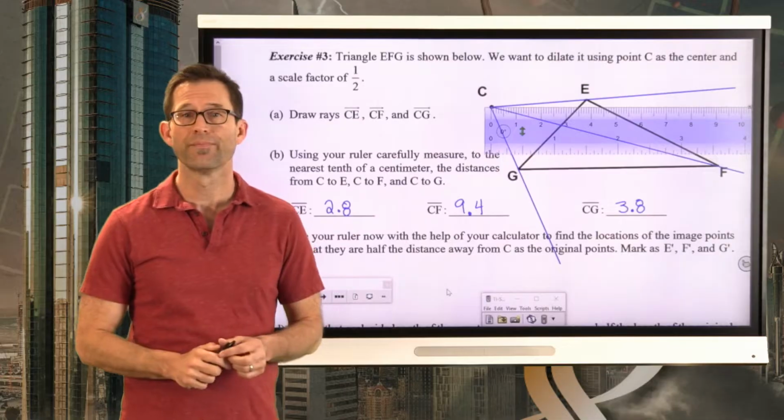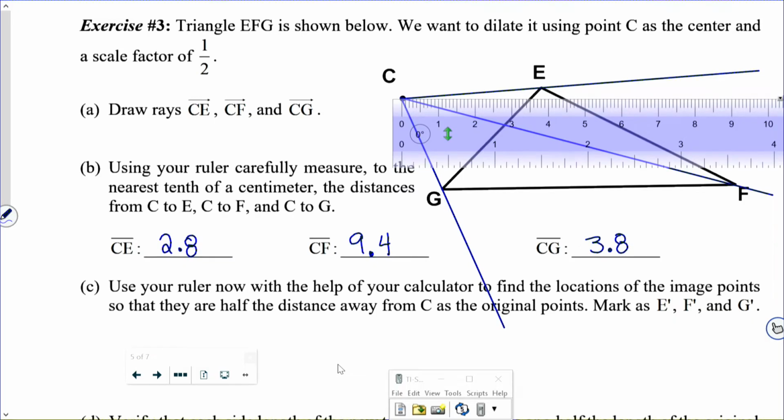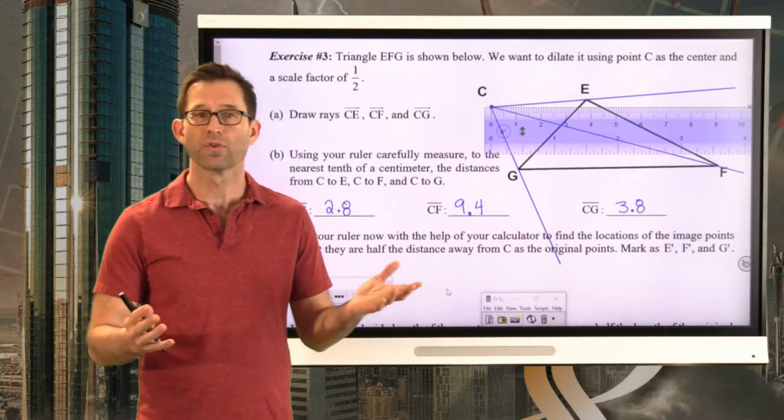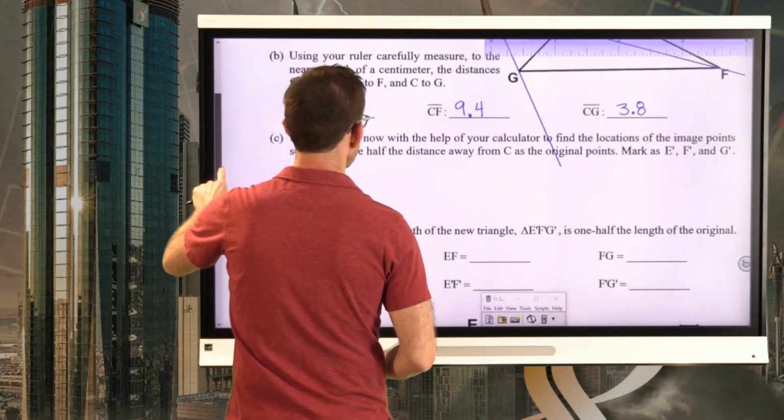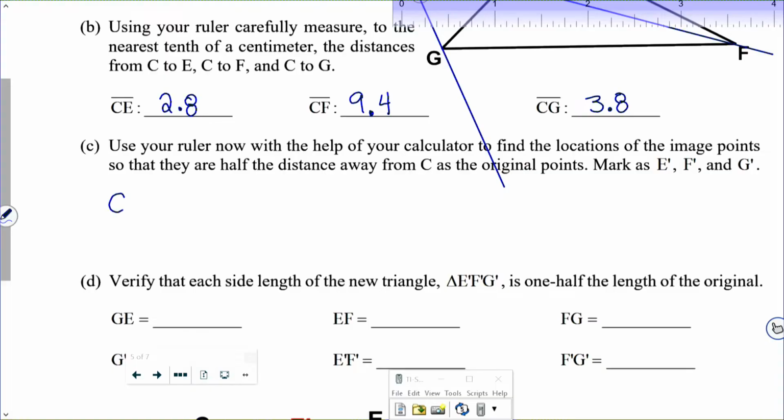All right, great. Now, letter C. Use your ruler with the help of your calculator to find the locations of the image points so that they are half the distance away from C as the original points. Mark as E prime, F prime, and G prime. By the calculator use, what we're really getting at is the following. We know that CE prime must be 1/2 times 2.8.